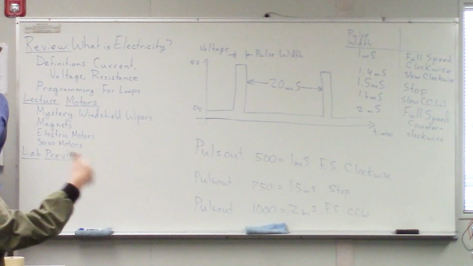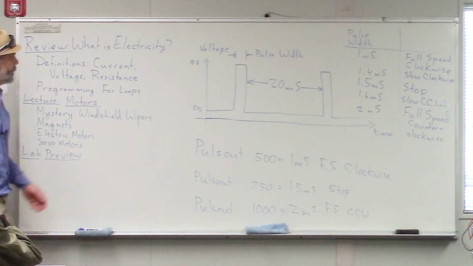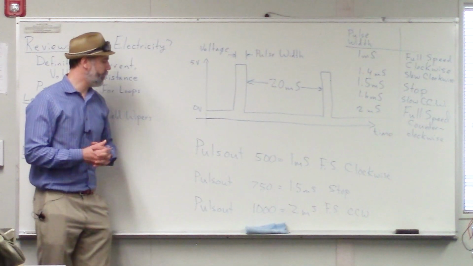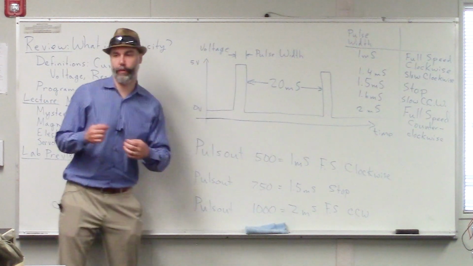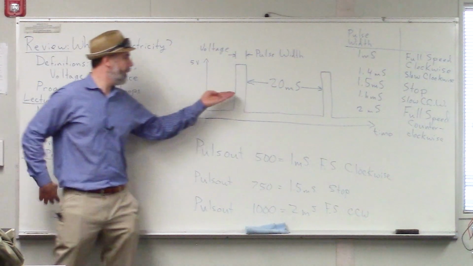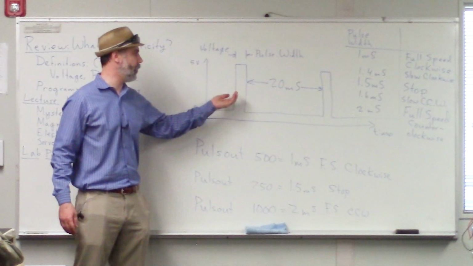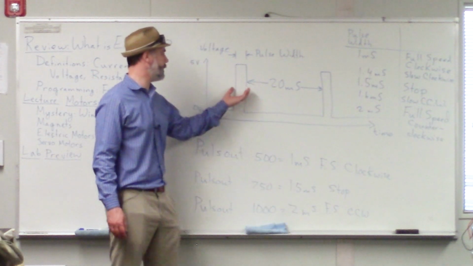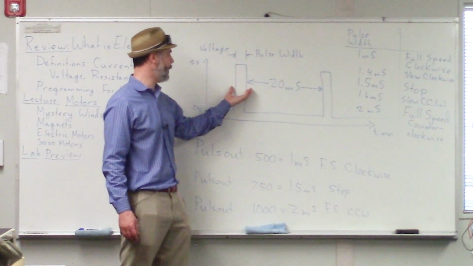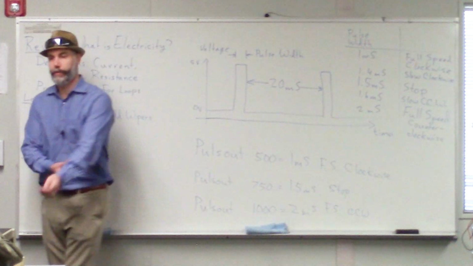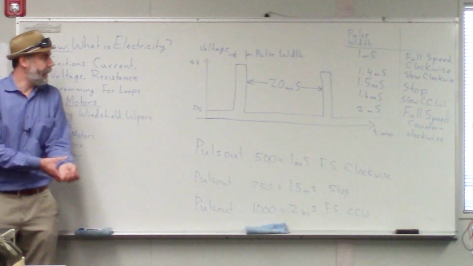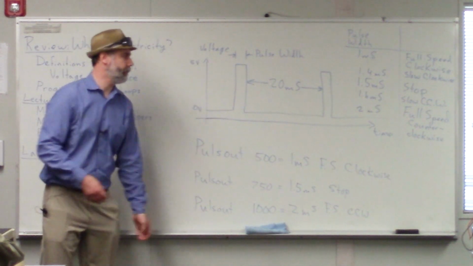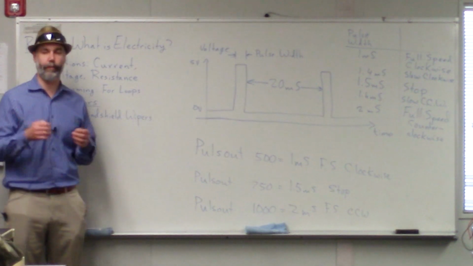So why does it slow down? We're not actually using this to send power to our motor. We're just using this to send a message to the little servo brain. So a pulse of 1 millisecond tells the servo brain, okay, make that motor spin full speed clockwise. If we increase this a little bit and make it 1.4 milliseconds, that's just sending a different message. It's saying, okay, make that motor turn slowly in the clockwise direction. So it's just sending different messages.